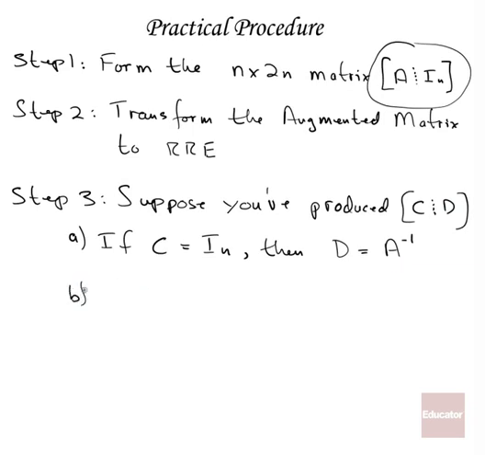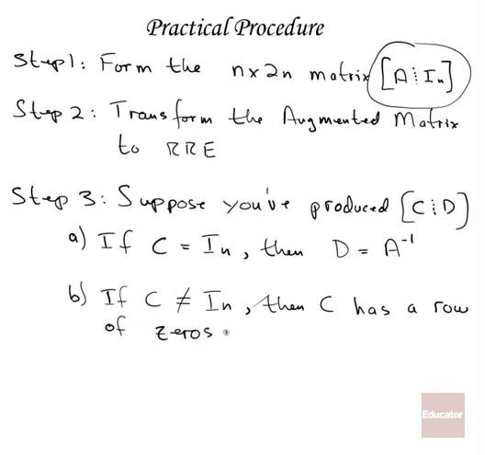And B, if C doesn't equal the identity matrix, then C has a row of zeros, and this implies that A inverse does not exist.